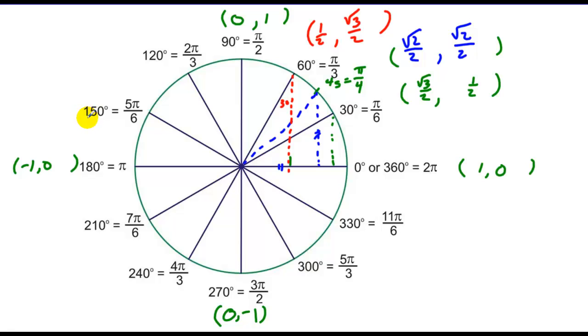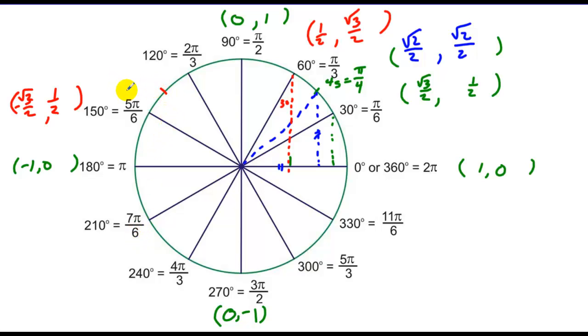This is kind of what I was talking about with our reference angles. So I know that this is the same x and y distance away, however it's in the second quadrant, so my x value is negative.